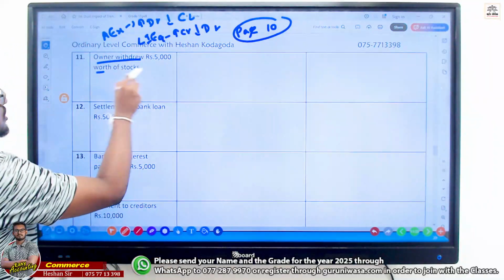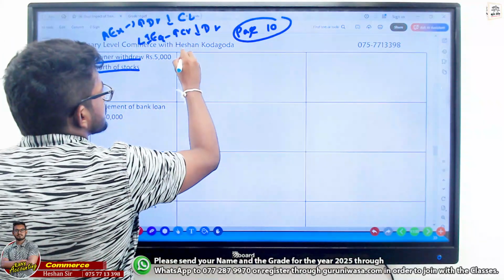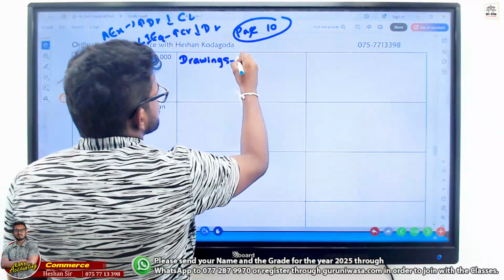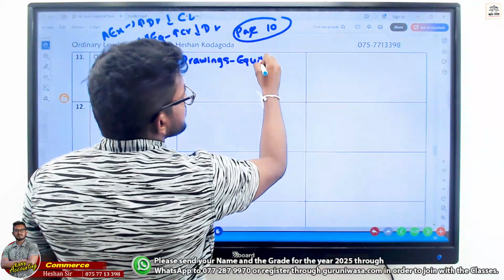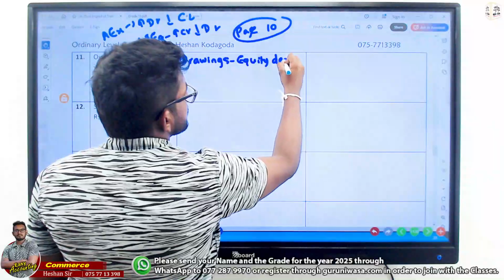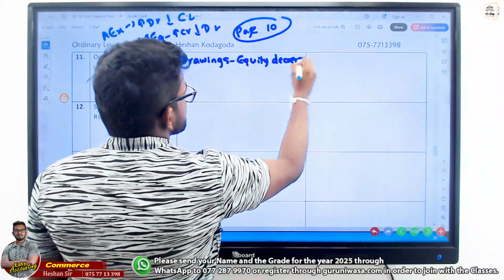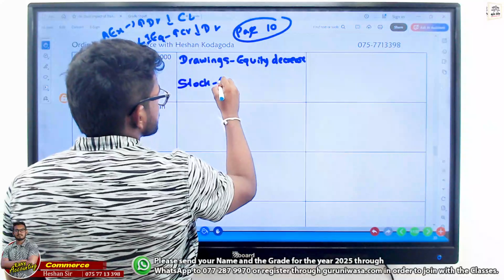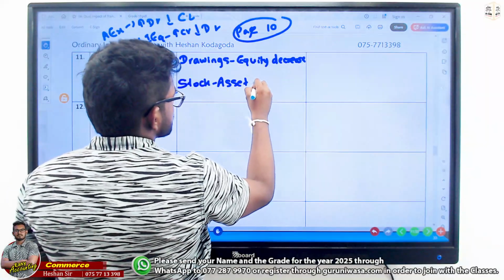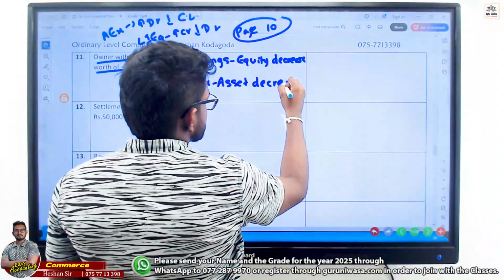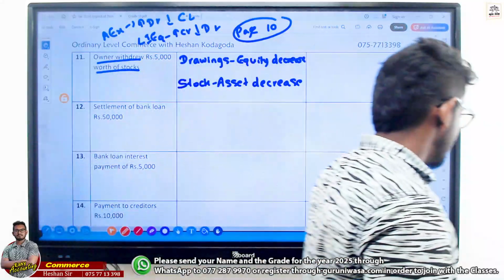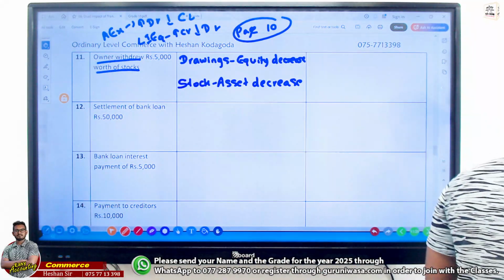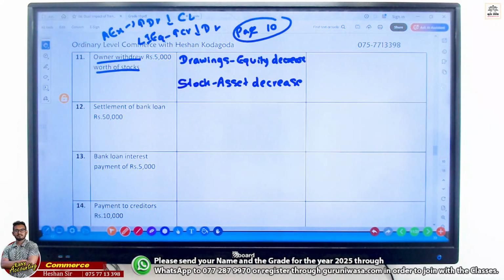Owner withdrew stocks, same thing. Drawings, equity decrease, stock asset decrease, right?